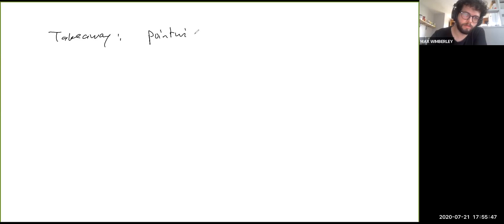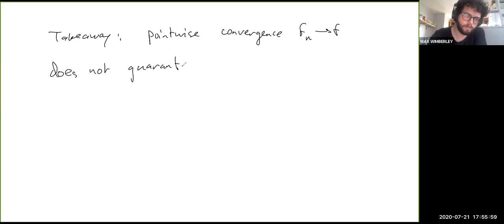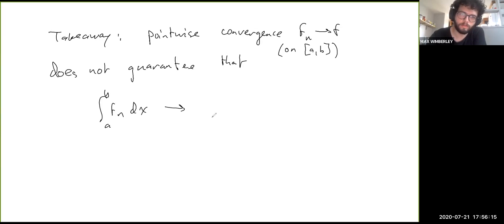So the whole point of the exercise is this takeaway: pointwise convergence of Fn to F does not guarantee that the integral of Fn from A to B converges to the integral from A to B of F. Actually, I'm going to just even delete this dx.